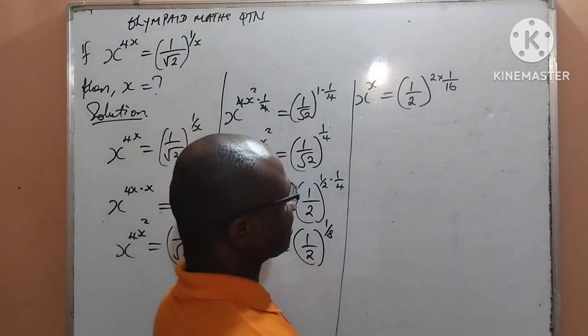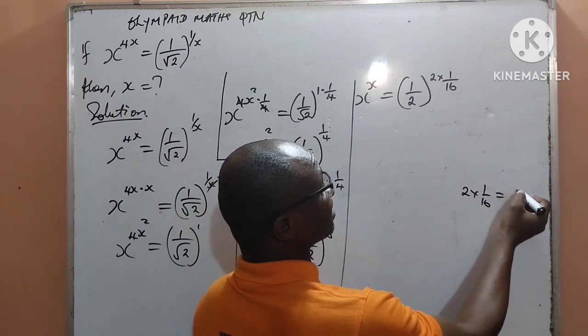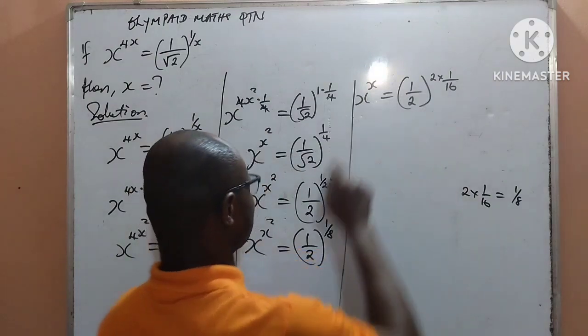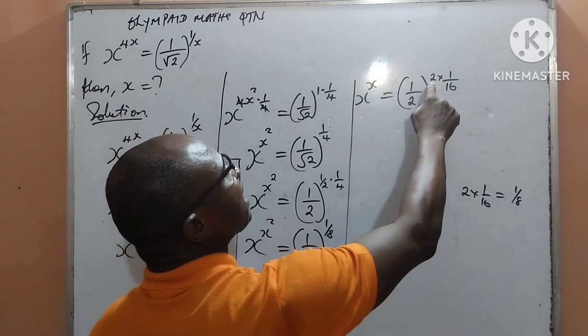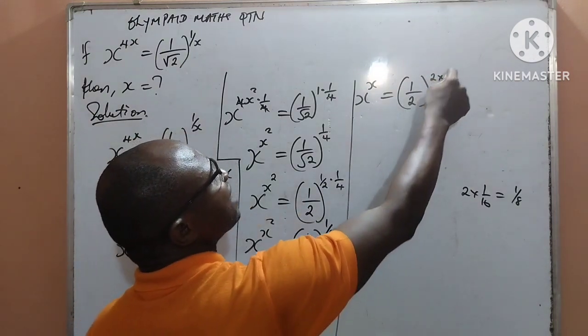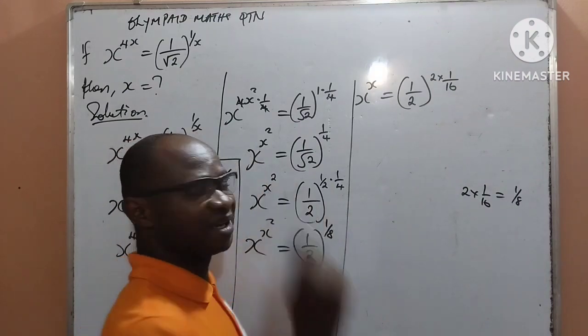You know that 2 multiplied by 1 over 16 is the same thing as 1 all over 8. And what I have here is simply the power of 1 over 8. So if I'm multiplying it by 1, that is writing my 1 over 8 as 2 times 1 over 16. It's still the same thing as writing 1 over 8.